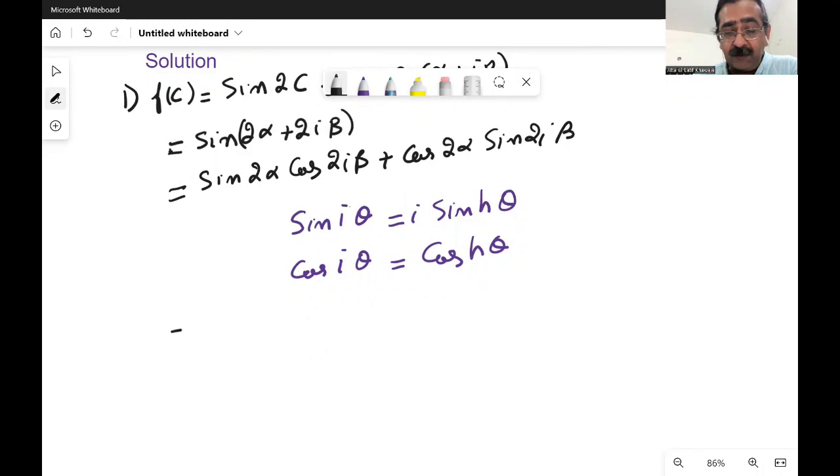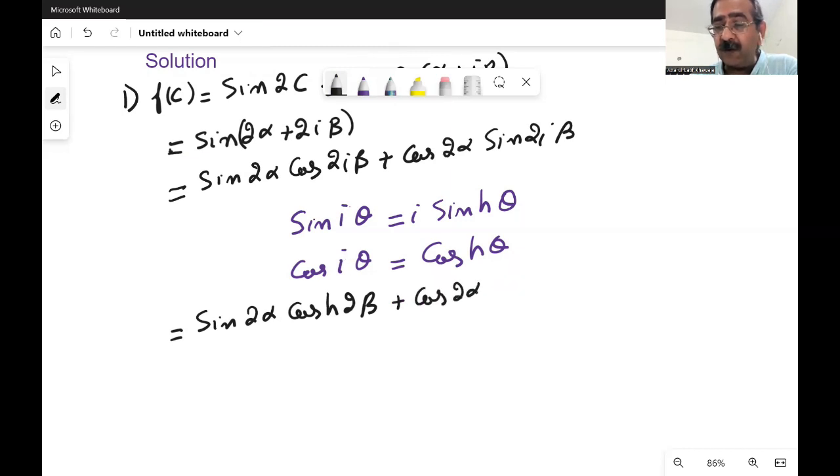So your result becomes sin 2 alpha cosh 2 beta plus cos 2 alpha, sorry, here there will be an i, because sin i theta is equal to i sinh. So this will be i cos 2 alpha sinh 2 beta.